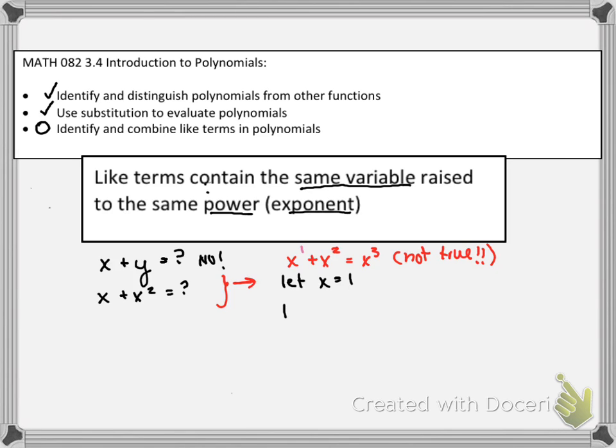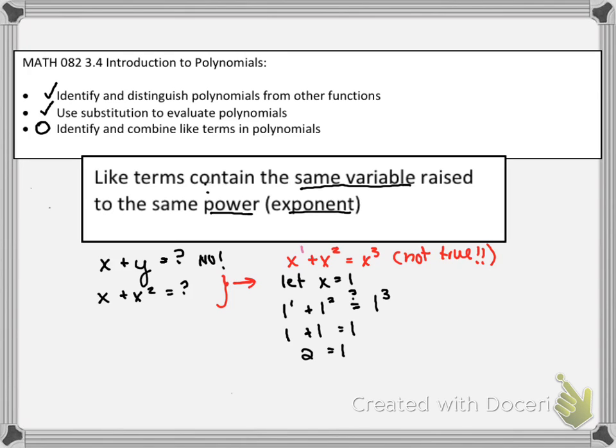So I have 1 to the first power plus 1 to the second power equals, and we'll put a question mark here, 1 to the third power. So this gives me 1 plus 1 equals 1, which is 2 equals 1. And obviously we can see very clearly that that is not true.